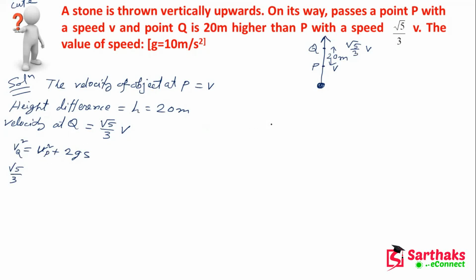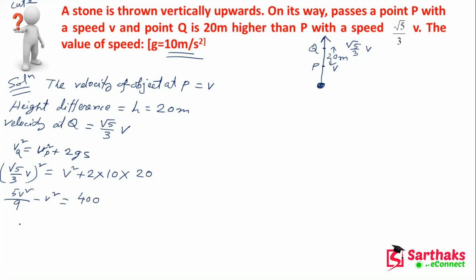This is the initial velocity because P is below. So (√5/3 into v) whole square equals v square plus 2 into 10, g has been given here as 10 meter per second square, into 20. So here 5v square by 9 minus v square equals 400.